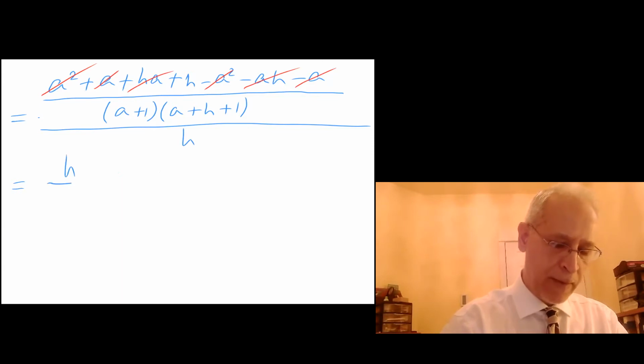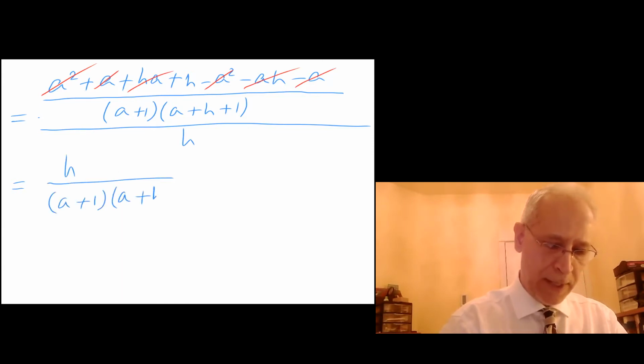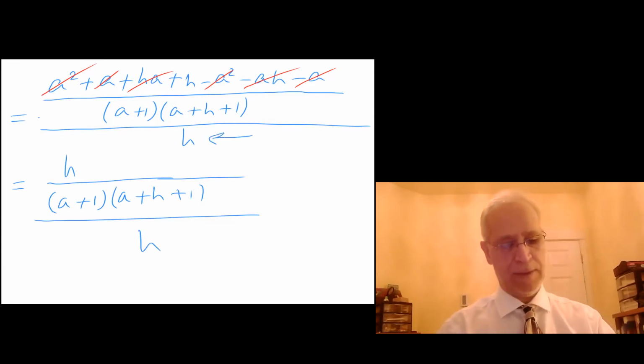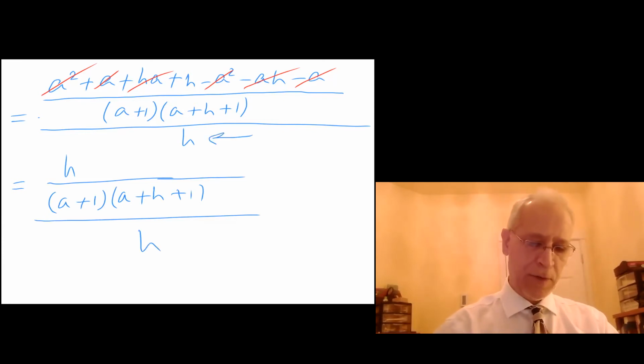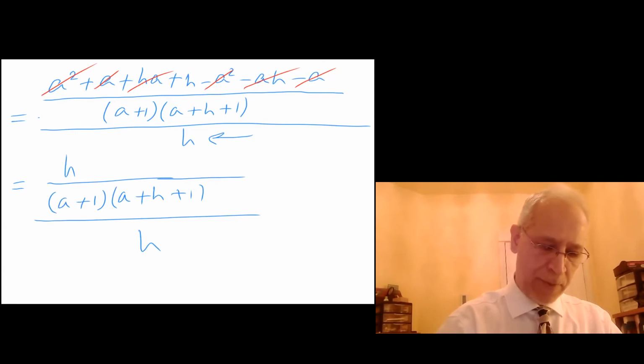over a plus 1, a plus h plus 1, okay? And remember that all this was over h in here. So I have a complex fraction, this complex fraction right here.